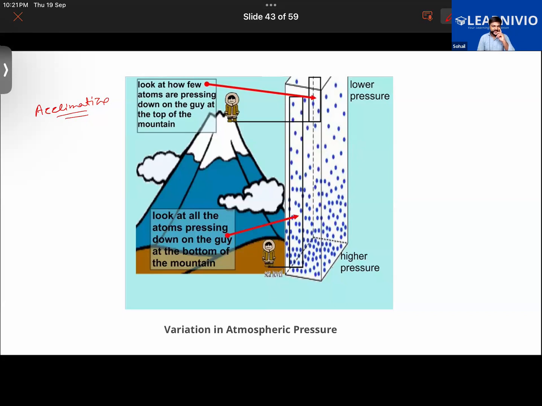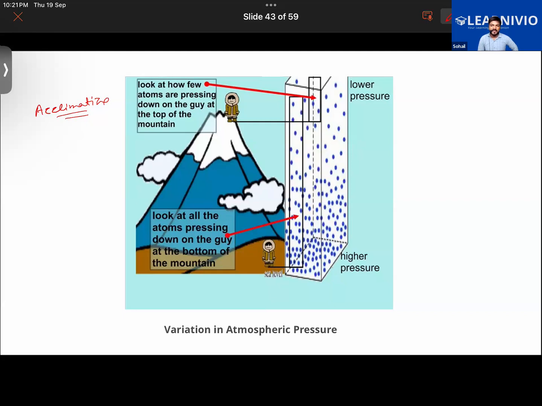So adaptation is long term, and it's a kind of evolutionary change that evolves over a long span of time, to adjust to the environment due to some changes. But acclimatization is a short-term change, and it will not pass on from generation to generation.